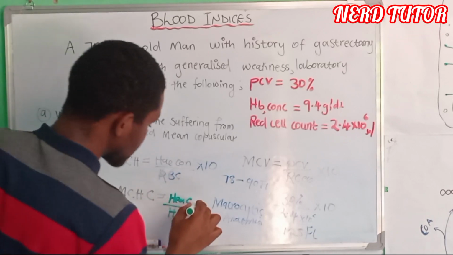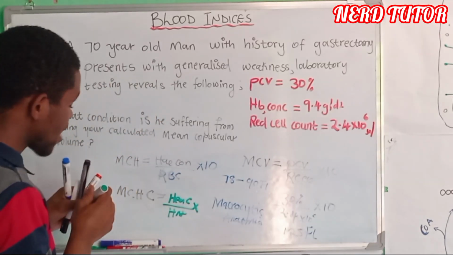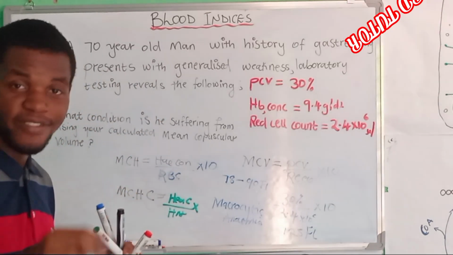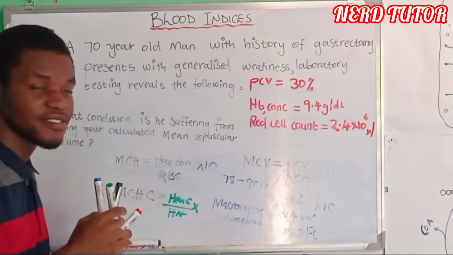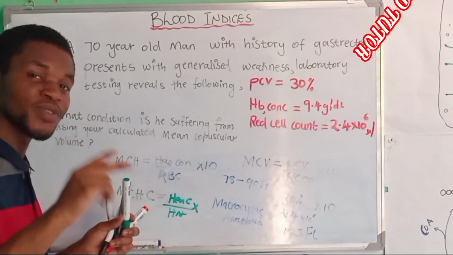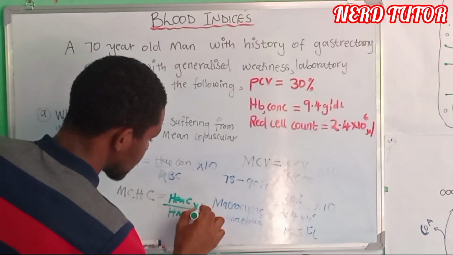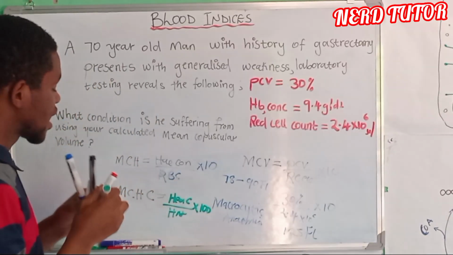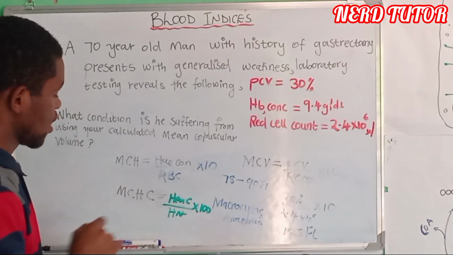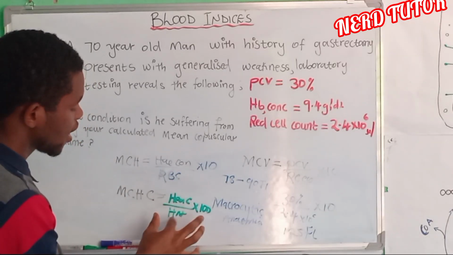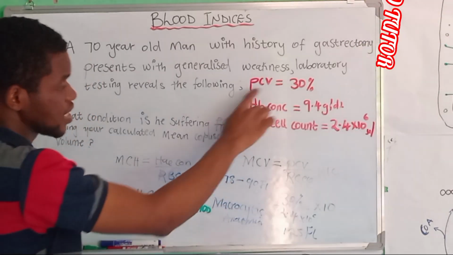So now, multiplied by what factor? Because we're having two C's here, and we're going to be having two things in the formula, we're going to multiply by 100, meaning 2 zeros, okay? So this is how we get to solve for mean corpuscular hemoglobin concentration: hemoglobin over hematocrit or PCV.